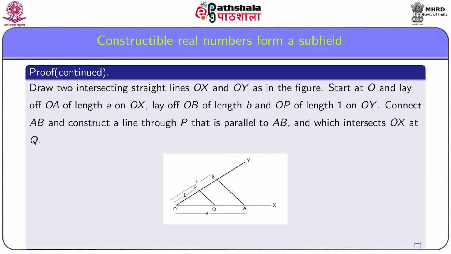So, A by B will be a line segment which is of length smaller than A. So, it might be that OQ is the line segment of length A by B, and I will show that actually this is.